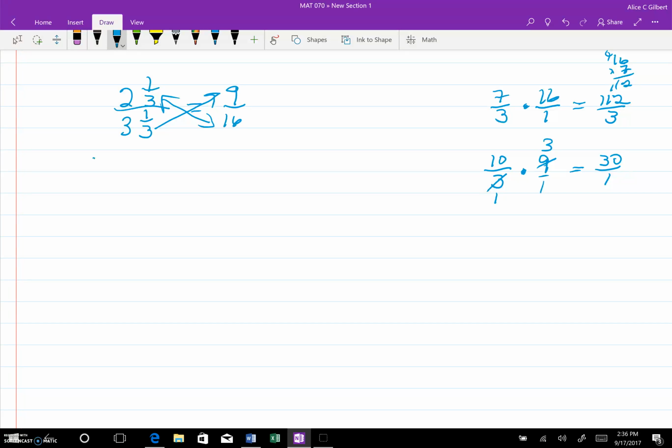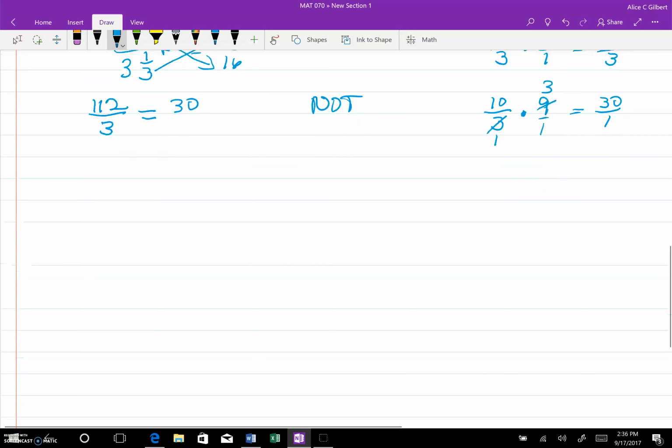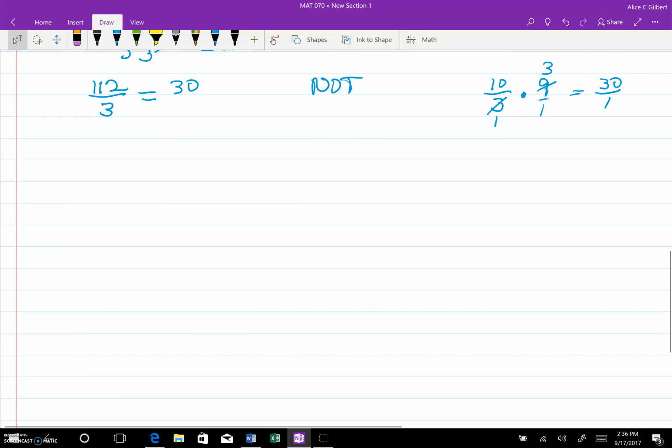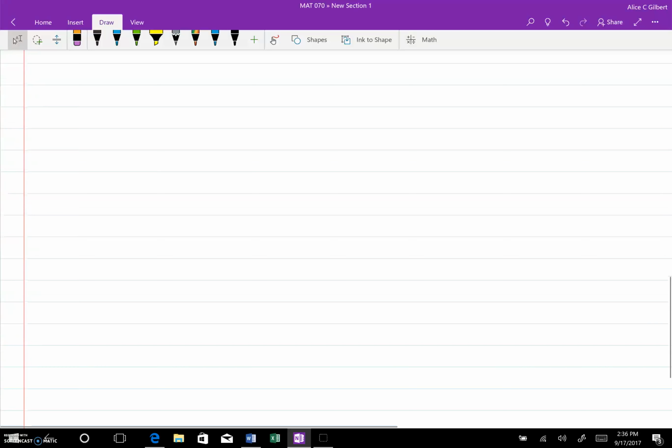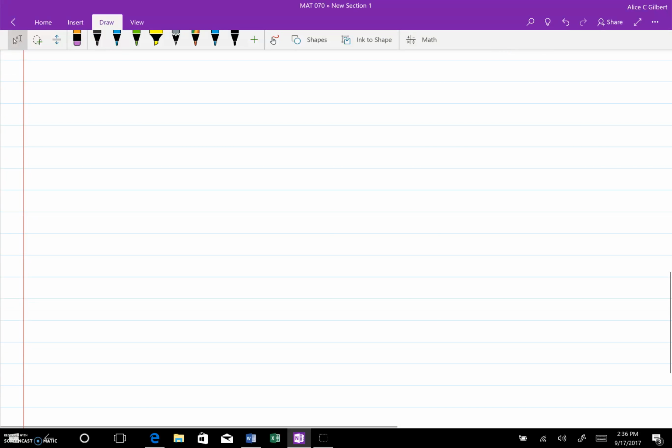So what I have here is 112/3 equals 30. Well, these are not equivalent at all, so this is not a proportion. They are not equivalent. Now, we use this stuff to find answers in algebraic problems.